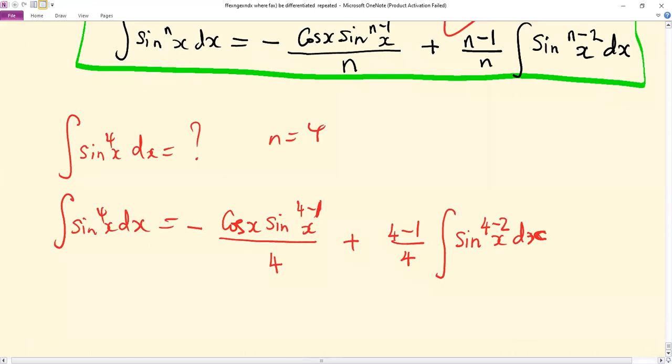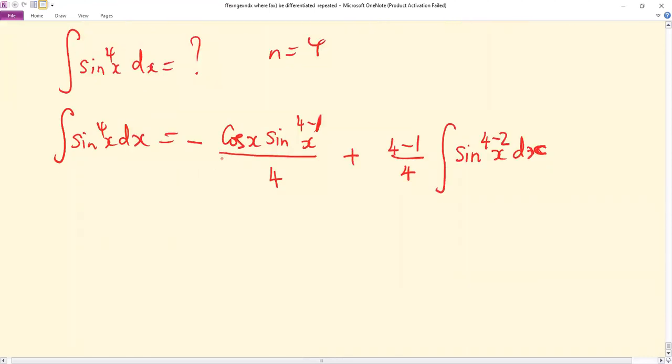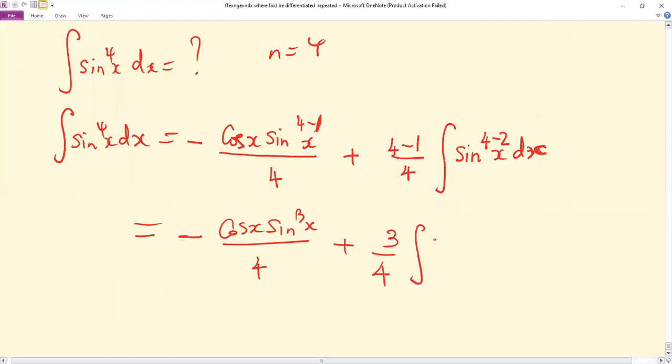Simplifying, we'll have negative cos x sine power 3 x over 4 plus 3 over 4 times the integral of sine squared x dx, since 4 minus 2 is 2. Let's call this one equation 1.